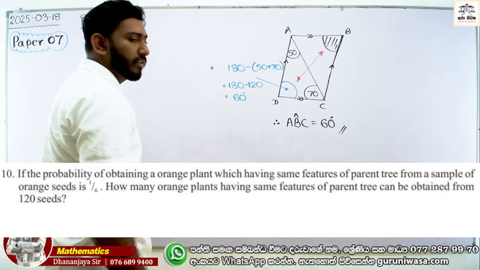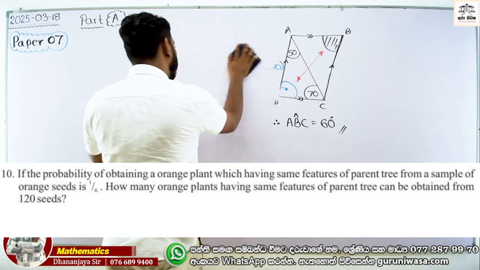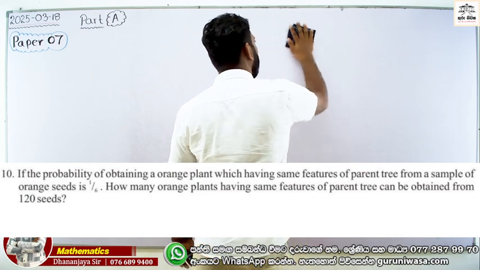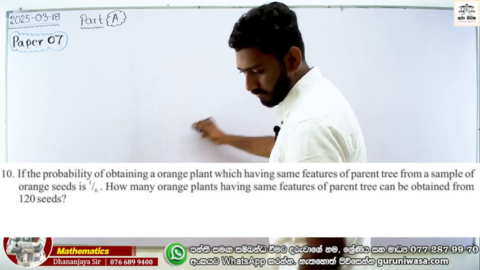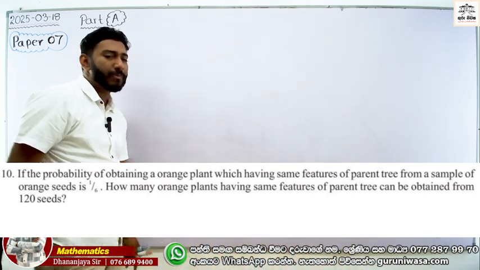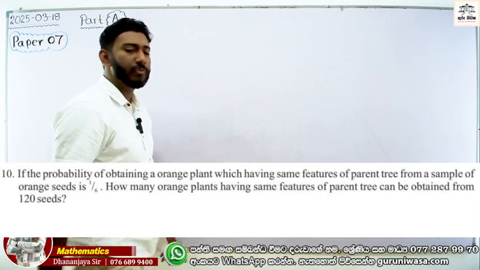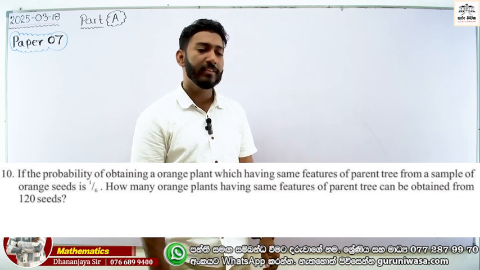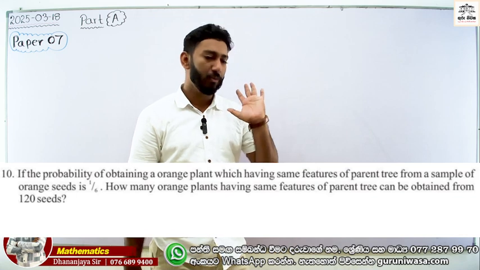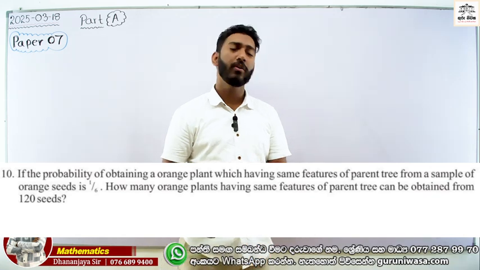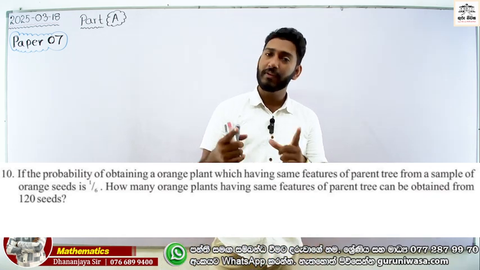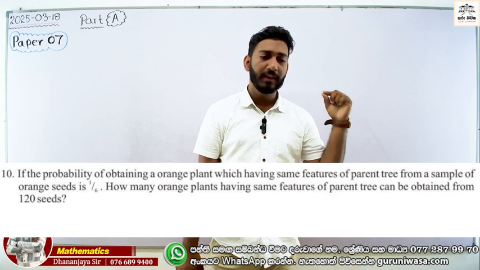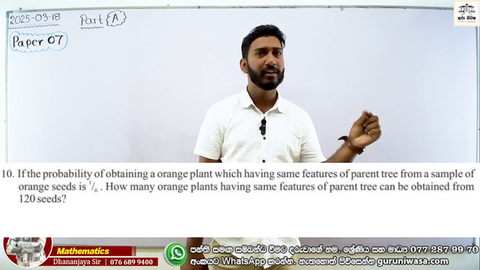Right, question number 10. If the probability of obtaining an orange plant having the same features of the parent tree from a sample of orange seeds is 1 over 6, how many orange plants having the same features as the parent tree can be obtained from 120?